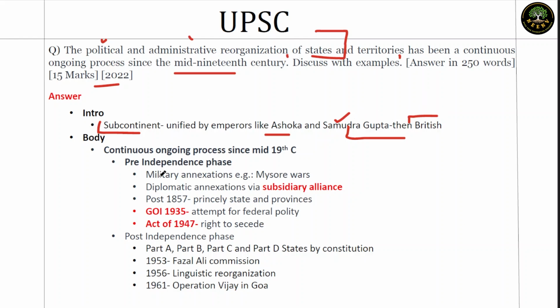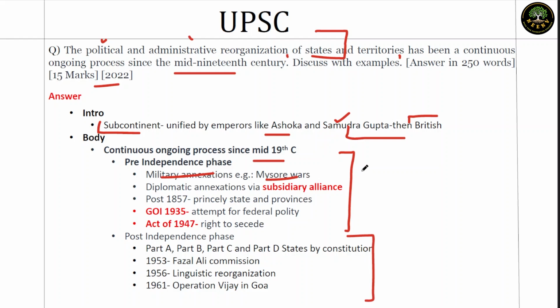Then we will move to the consolidation phase. We'll have to present it as an ongoing process starting from the mid 19th century. So the first part is about the pre-independence phase. Then in the second part we'll present this as an ongoing process. First we'll talk about military annexation, where we can bring in Mysore. I've given the example of Mysore here.